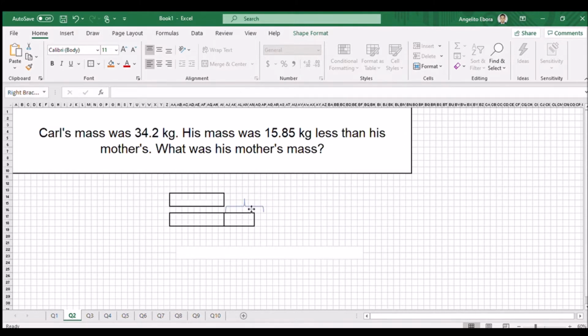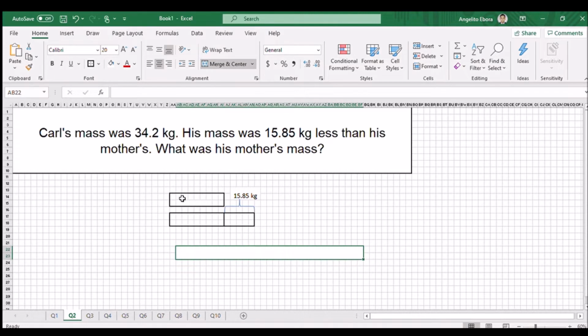Some teachers, some students, they don't draw the model anymore. But if you're required to draw the model, this is the solution. So how much less? That is 15.85 kilograms.